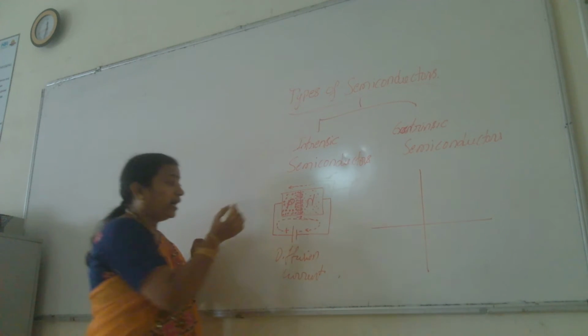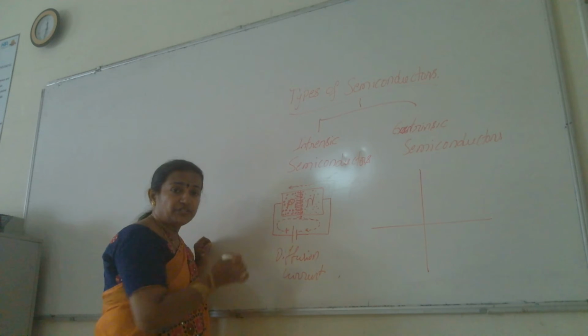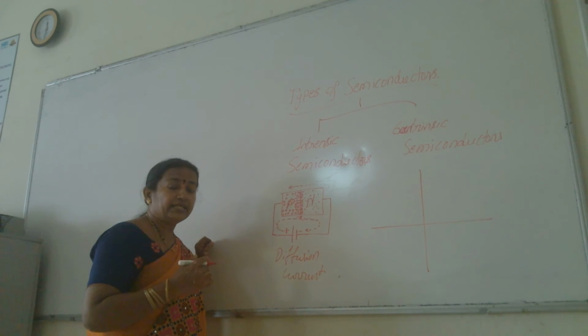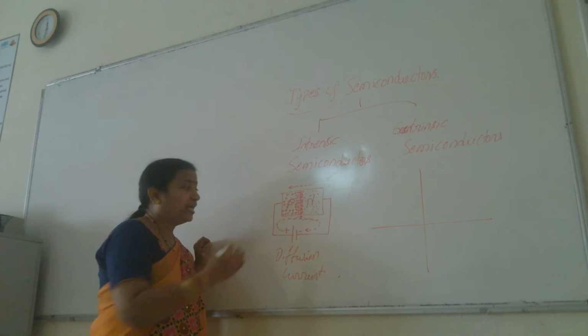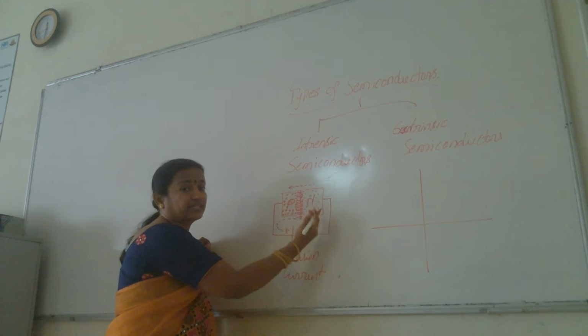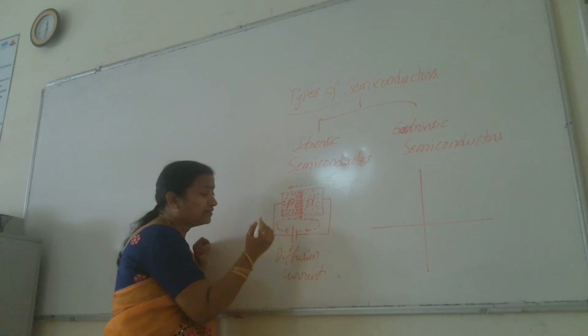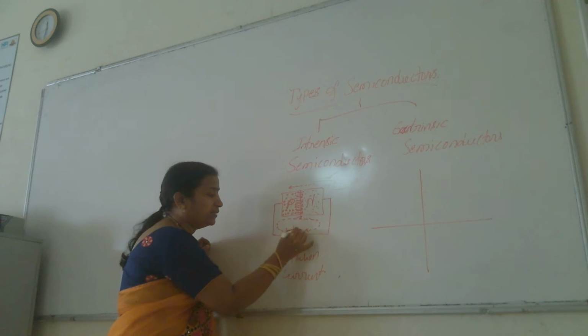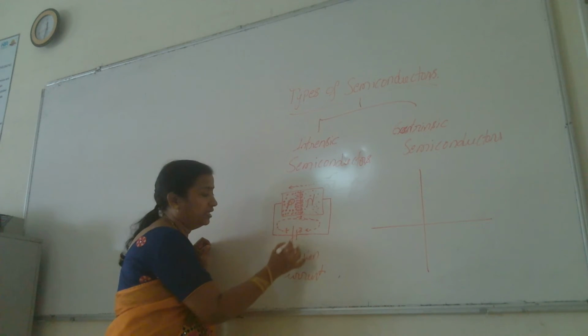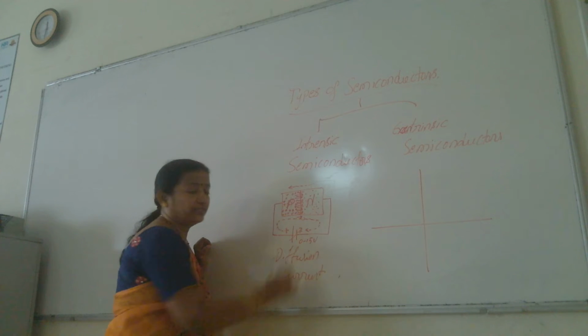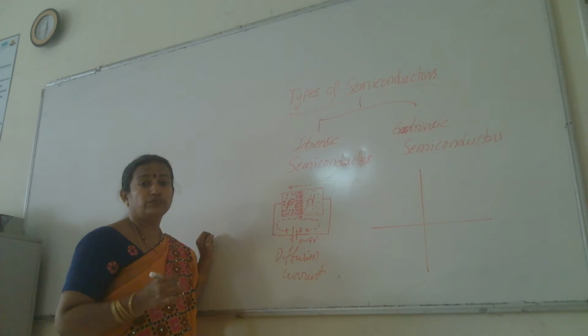But until we get a sufficient voltage, the charge carriers don't move from their original place to the next place. Because of that, you have to increase this supply voltage from 0 to 15 volts. Let us consider a DC voltage of 0 to 15 volts that we are giving.